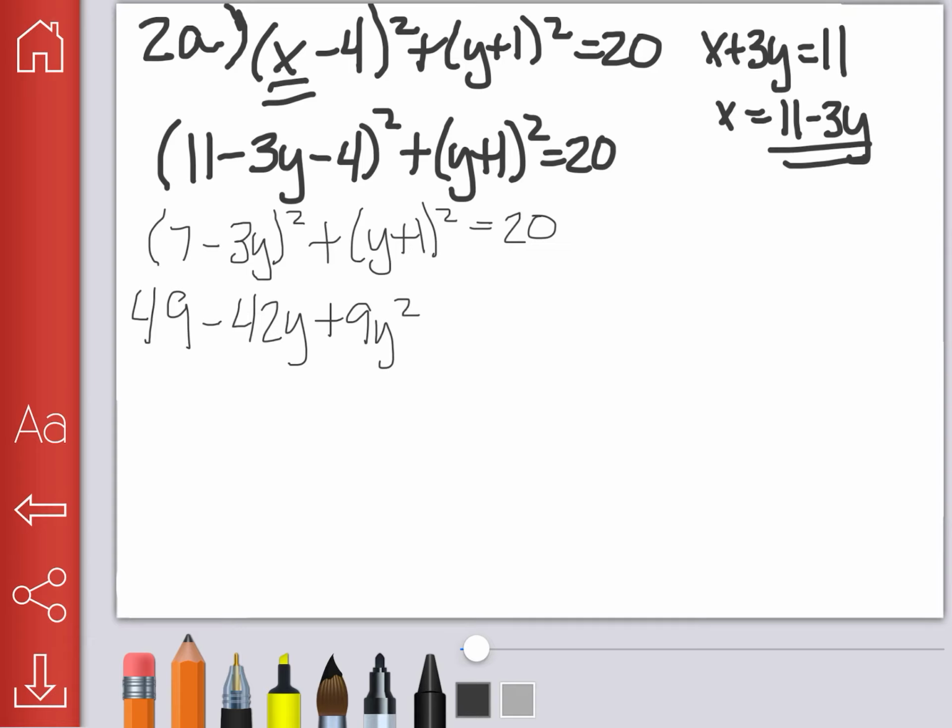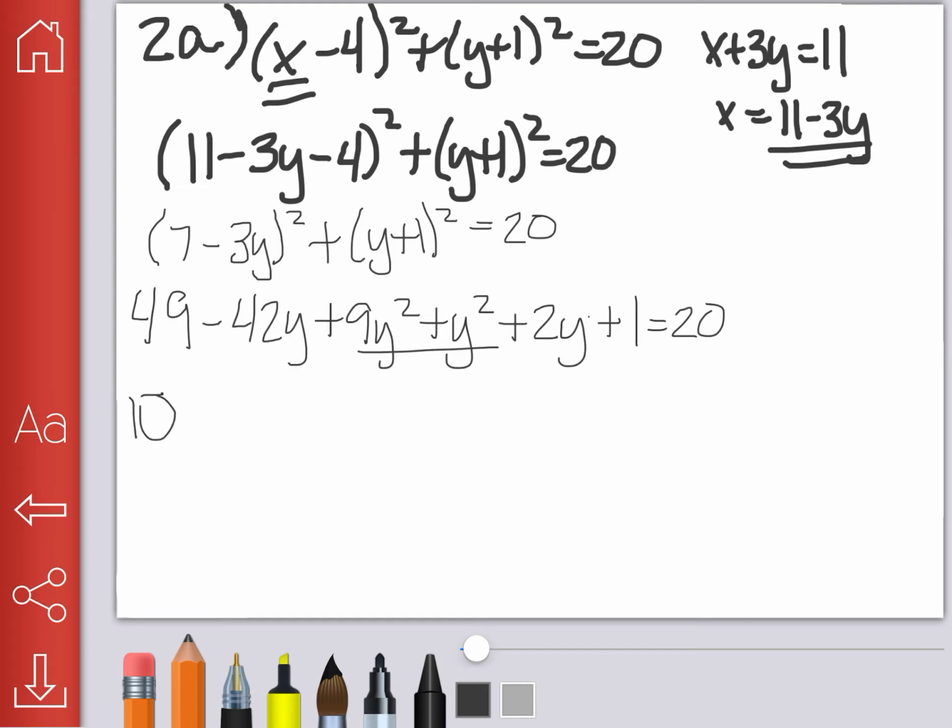Then we're going to do the same thing here. y squared. Double the squash would be 2y. 1 squared would be 1 equals 20. Now we've got this huge, long, ugly equation. We need to get it prettier. Actually, let's start with the 9y squared and the y squared.